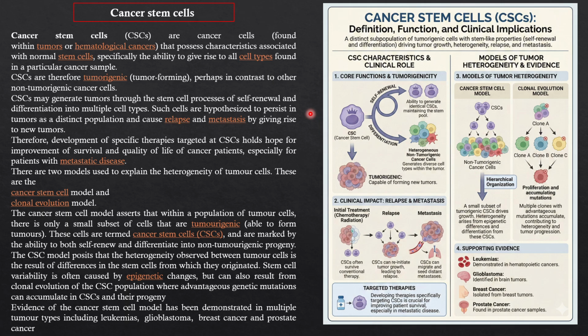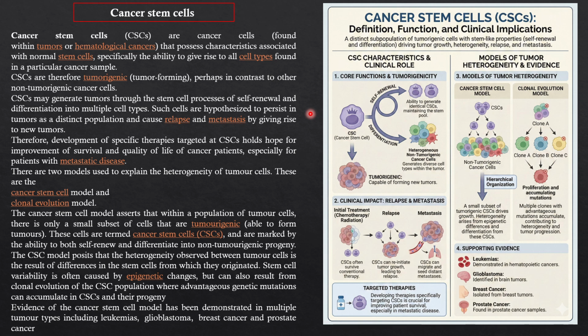The cancer stem cells are a small subpopulation of the tumor cells with stem-like properties such as self-renewal and differentiation. So the CSCs drive tumor growth by generating both identical stem cells and diverse non-tumorigenic cells, contributing to heterogeneity and clinical heterogeneity.